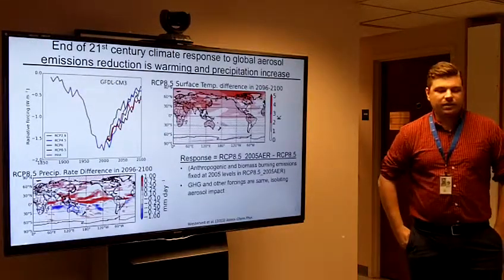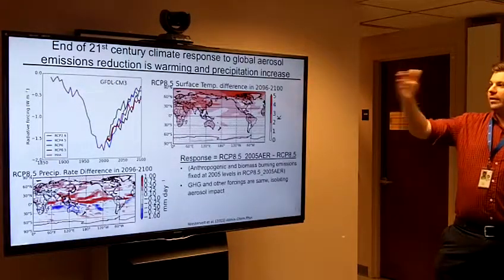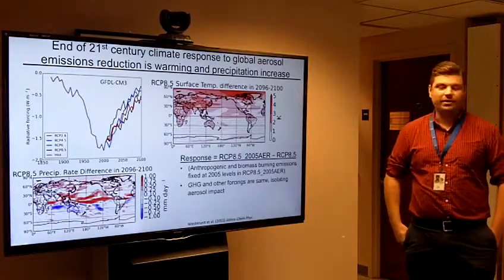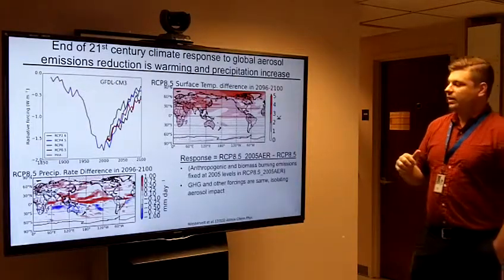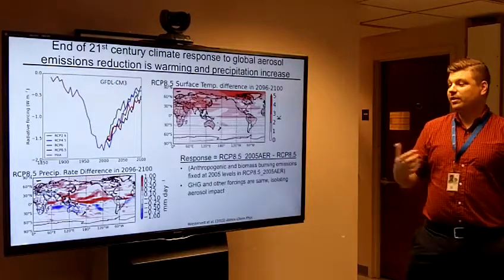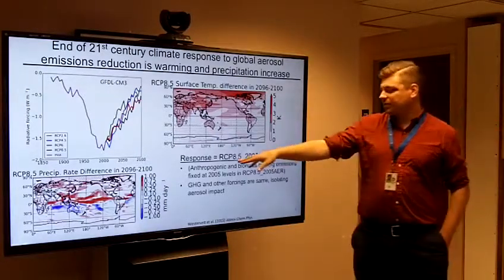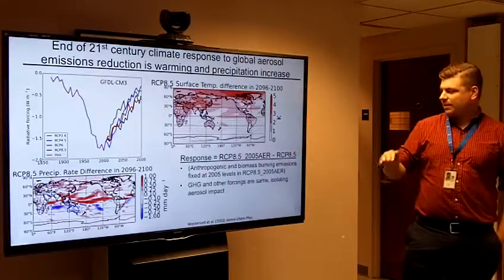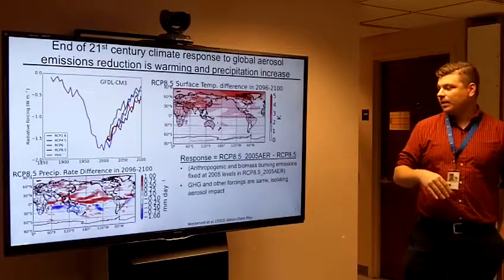So first, looking at the global picture, this is some research I did several years ago now, but here I'm looking at the end of 21st century climate response to global aerosol emission reductions in the RCPs. So this is if you follow RCP 8.5 in the future with its aerosol reductions, how much does that aerosol reduction in RCP 8.5 affect climate alone? And so what we did is we have a counterfactual simulation in which the RCP 8.5 scenario is entirely the same, except all anthropogenic emissions of aerosols are kept at 2005 levels.